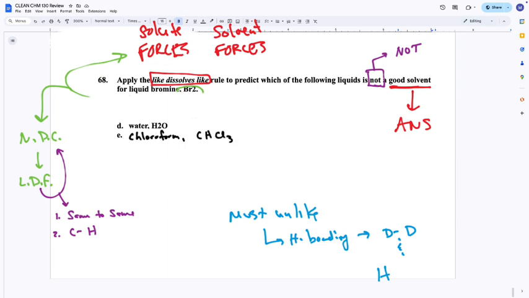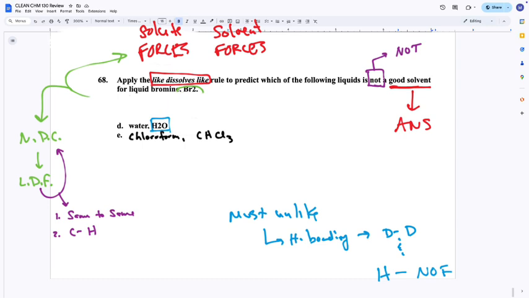So hydrogen bonding is not just that I have a hydrogen. It's that hydrogen must be bonded to nitrogen, oxygen, or fluorine. Okay? So, which of those has a hydrogen bonded to oxygen, nitrogen, or fluorine? Water. Chloroform doesn't. It has the hydrogen, but it doesn't have it bonded to the proper element.